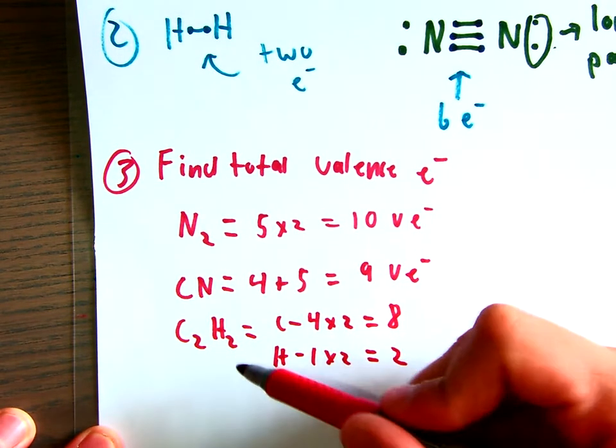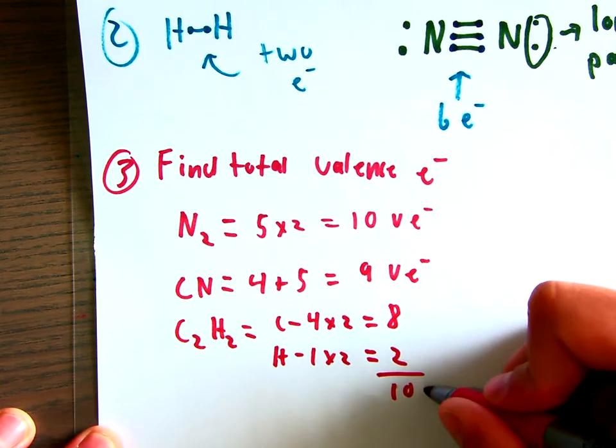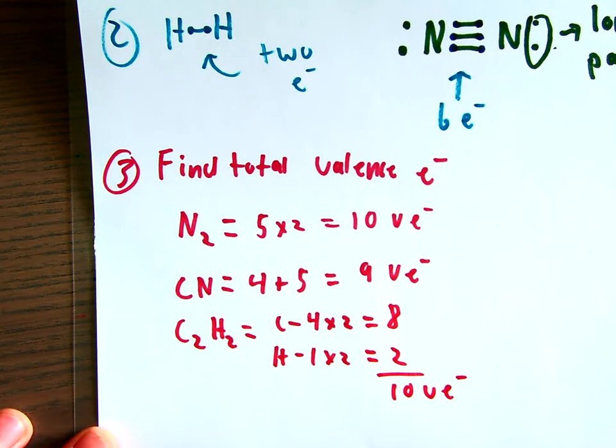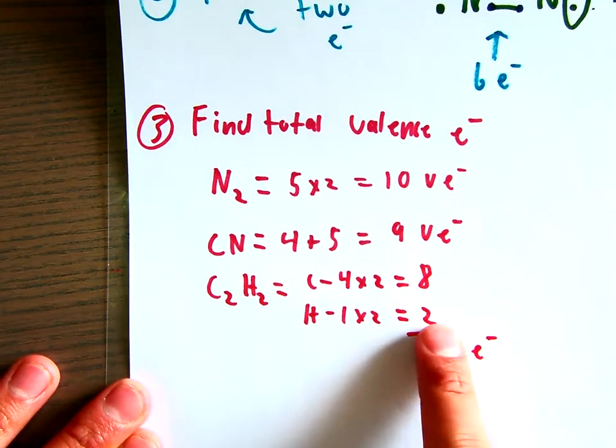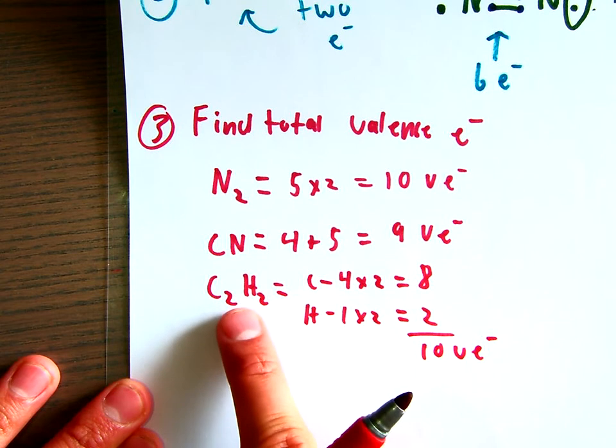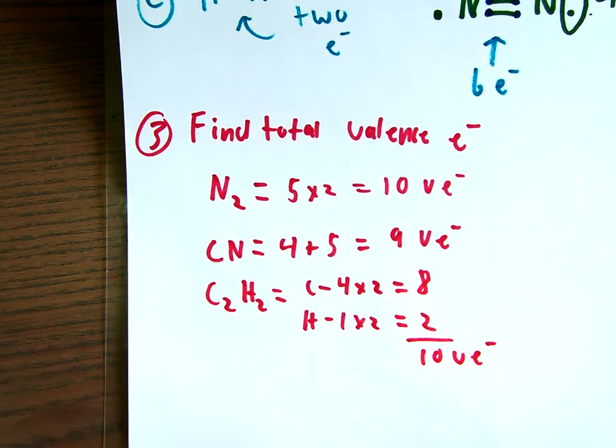So this compound would have 10 valence electrons. Essentially, we find the total valence electrons by multiplying each atom's valence electrons by the number of those atoms. All right, let's go into the steps on how to draw Lewis structures. After that, we're going to do some practice problems.